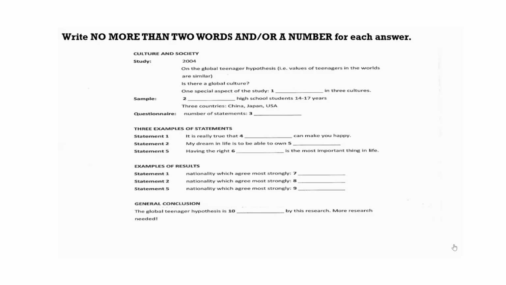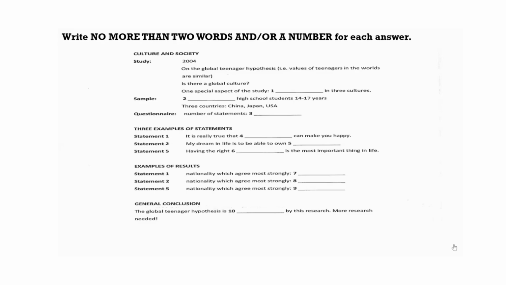Let's look at some of the results. With regard to the first statement, it was the Japanese teenagers who agreed most strongly that money could make you happy. The Americans were second, and the Chinese agreed least.